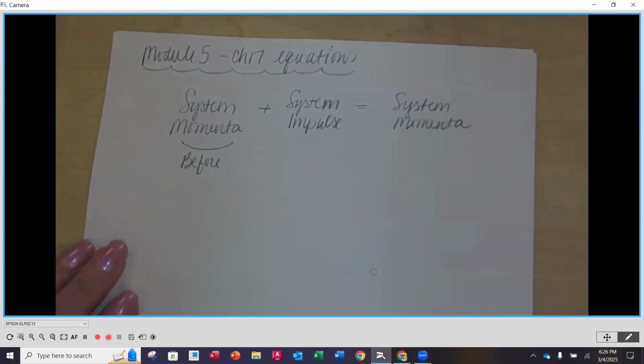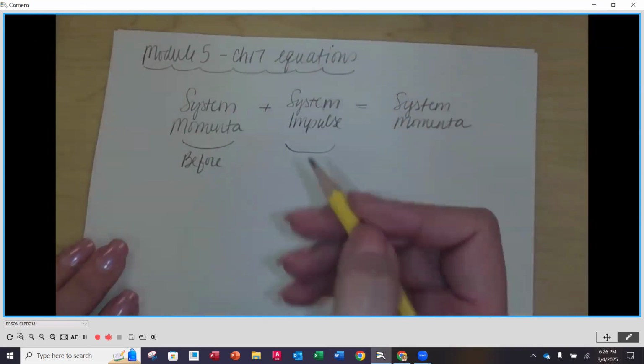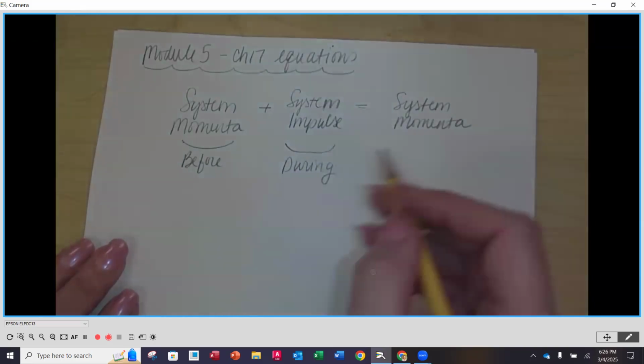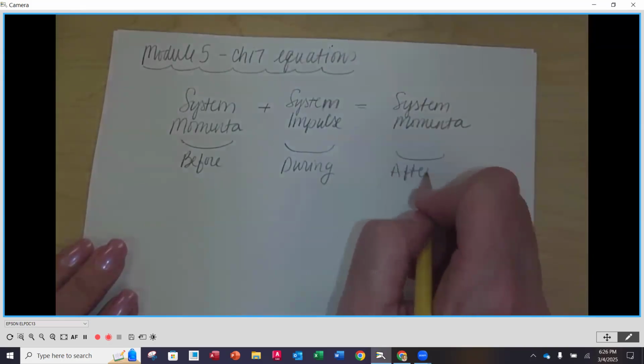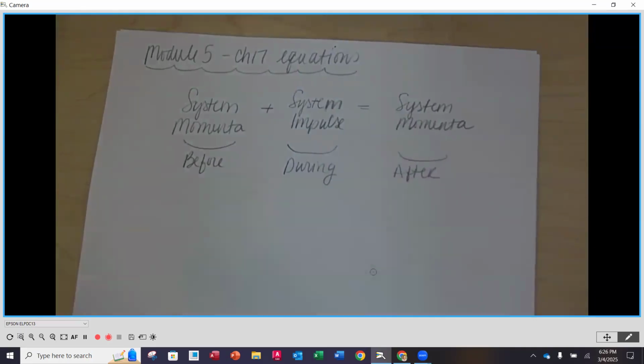This is my momentum going in, before any type of impulse occurs. And I like to think of the impulse as the during. Then it's going to be equal to the momentum after. So any change in momentum that occurs has to be done through an impulse. We add it to the original momentum before, and afterwards we combine those two and we get the after.